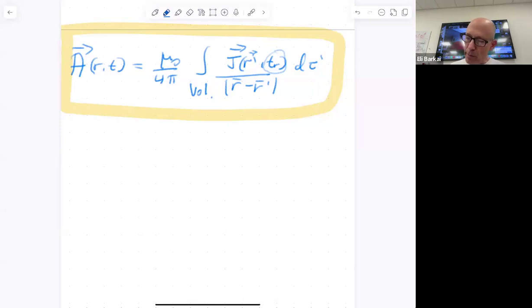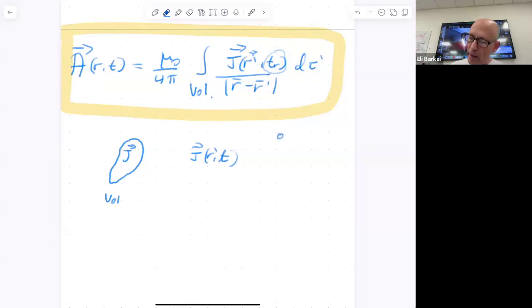So let us just remind ourselves what it means. Again, this is my physical volume in which I have some charge, some current. The current is changing in time and in space. So J is a function of r and in principle time t, local time t, but eventually you need to put the retarded time t_R.